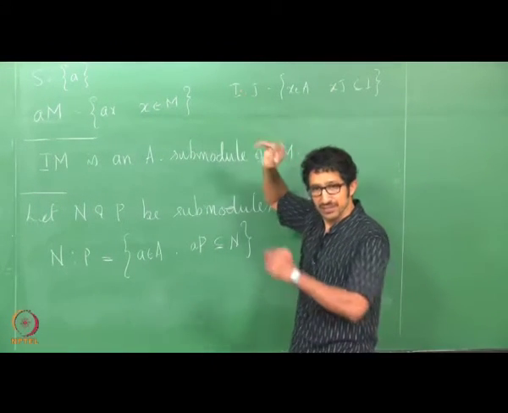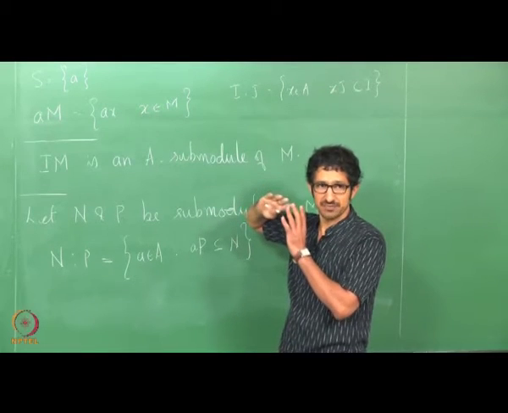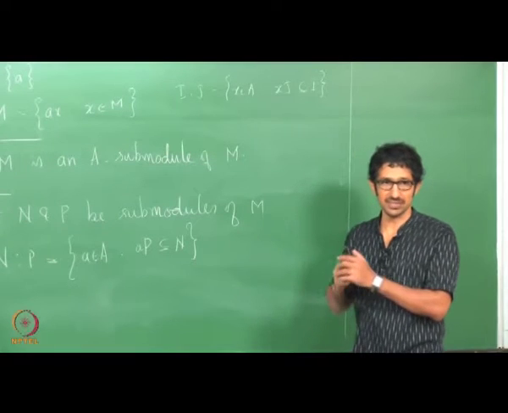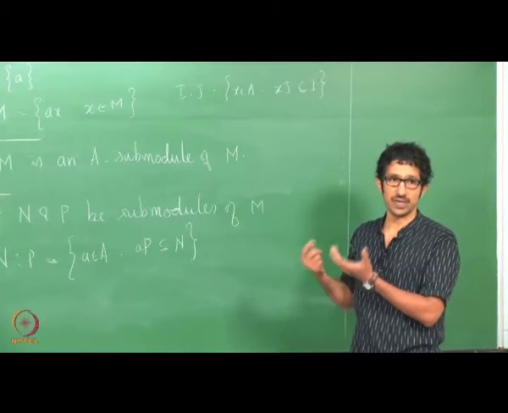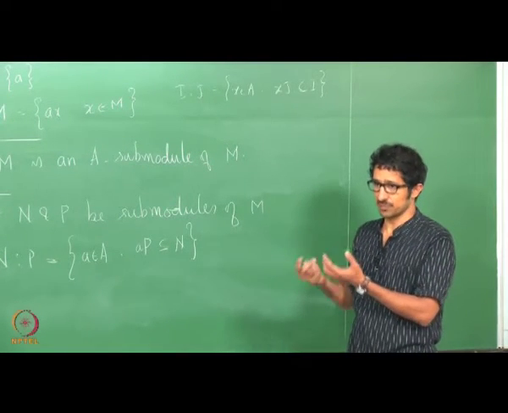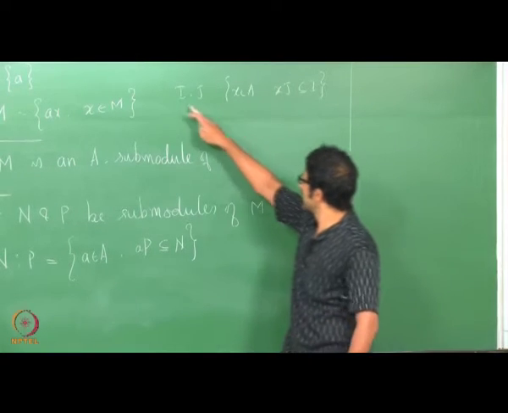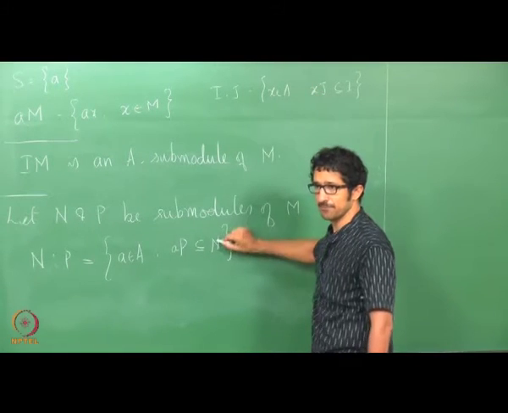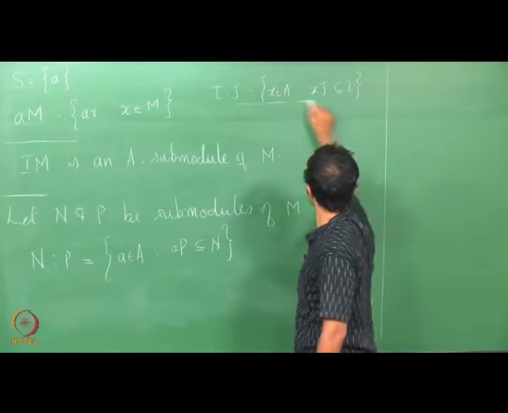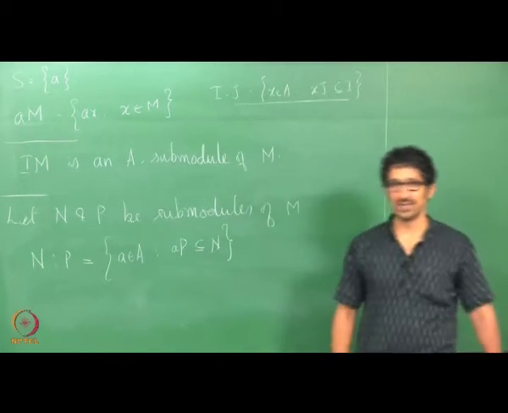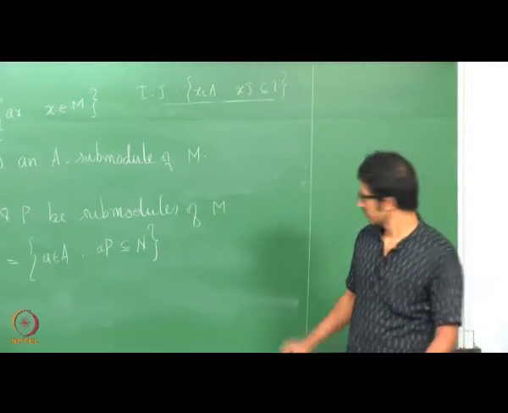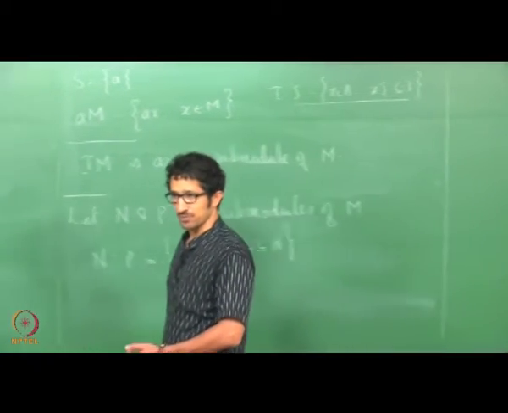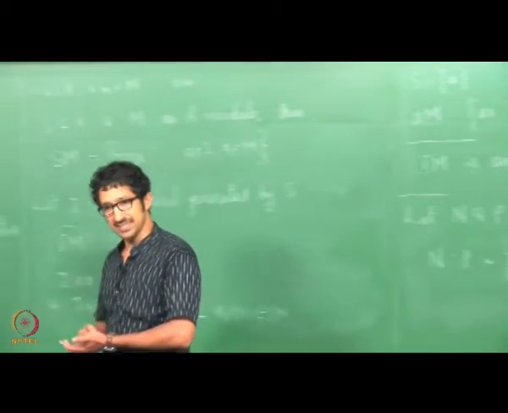If, for example, think of the situation where your M is A itself, okay, your module is A itself, and you take two ideals I and J, then they are submodules, and in that case the definition is same, right. In that case this turned out to be an ideal. So, in this case what would you expect? Would you expect it to be an ideal in A?